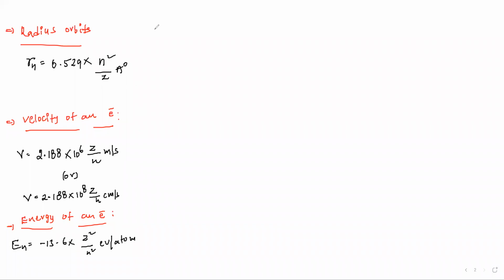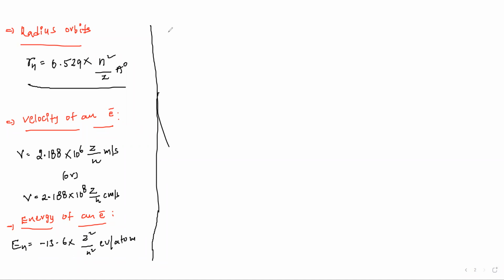Okay. These three formulas are very, very important. You can remember directly: this is the radius of orbit formula, this is velocity of electron, and this is energy of an electron. Is it clear?